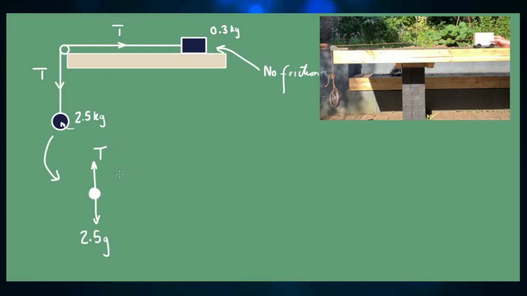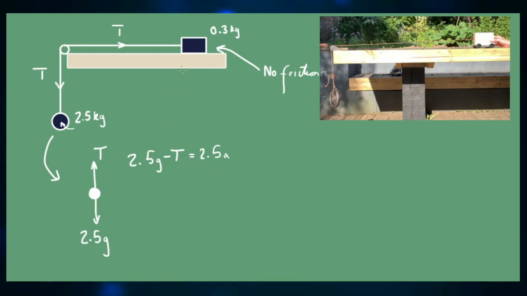Okay, so for this particle, we know this one's going to drop. So we have 2.5 G minus T, and that equals 2.5 A. Okay, that's our first equation.